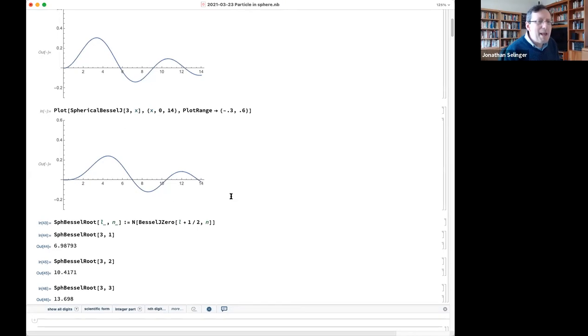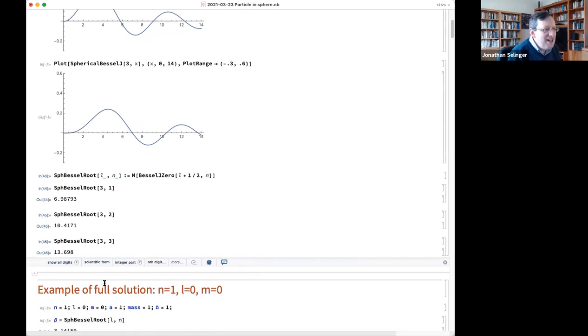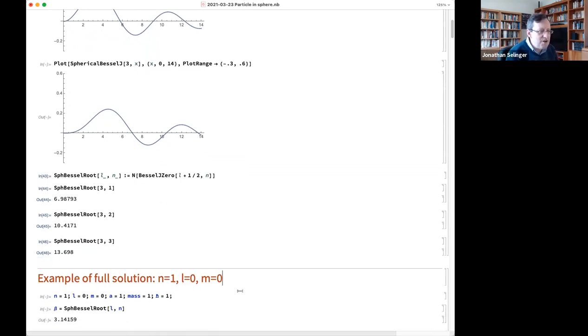Based on this, we can put together all the pieces and get any solution for a particle in a sphere. Let's do it in some examples. I just did this last night. I'm so excited. Let me show you. Here's an example of a full solution. For a full solution, I need to specify 3 numbers.